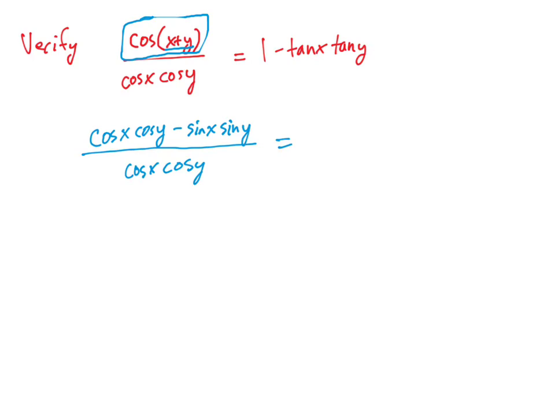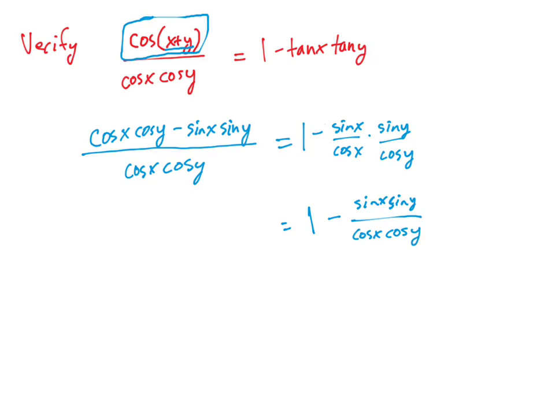On the right-hand side, we're going to say 1 minus, well, I'm going to rewrite tangent of x and tangent of y in terms of sine and cosine. So tangent of x is sine x over cosine x, and then tangent y is sine y over cosine y. So on the right-hand side, I'm going to get 1 minus sine of x, sine of y, divided by cosine x, cosine y. And then I want to get a common denominator between these two terms on the right-hand side.